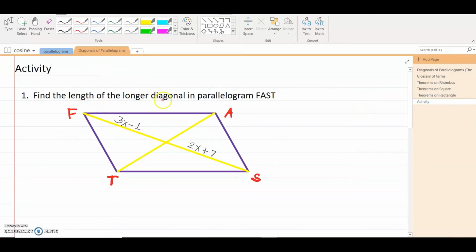Find the length of the longer diagonal in parallelogram FAST. So we have here parallelogram FAST. So the longer diagonal here is line segment FS. Now let us include here a point of intersection, let's say letter X. So this is the longer diagonal, FS.